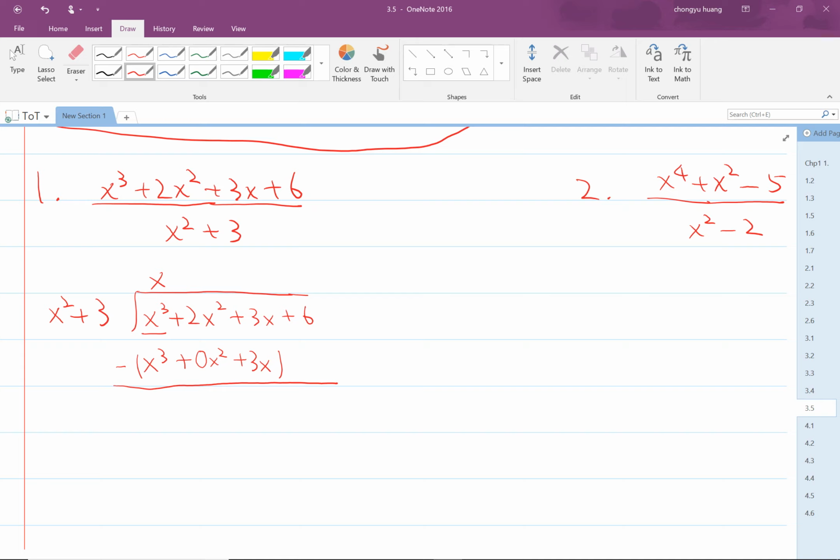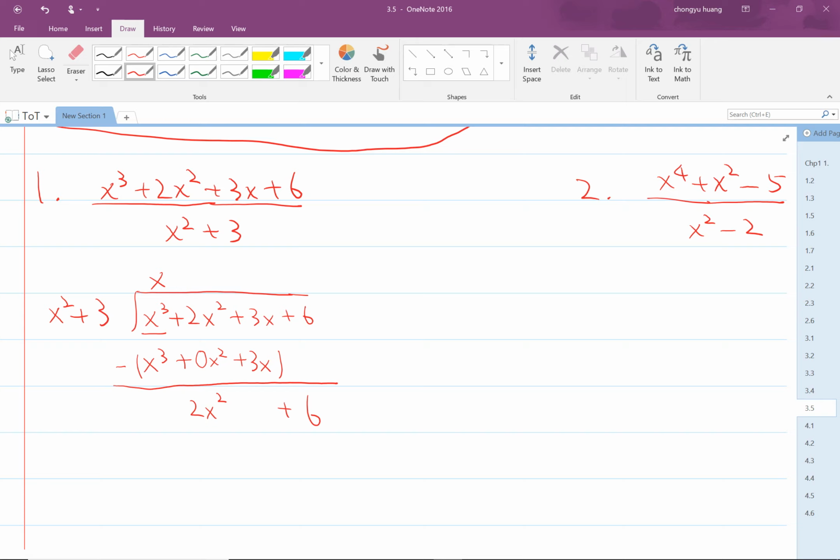And then for 2x to the power 2 minus 0 is equal to 2x to the power 2 plus 6, okay? So let me repeat one more time, okay? X to the power 3 minus x to the power 3 is equal to 0, right?